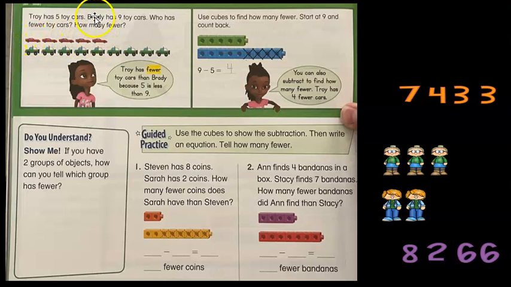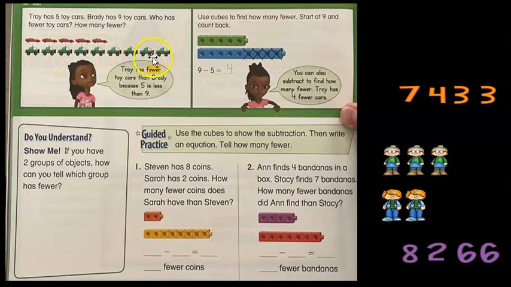Now let's keep reading. Brady has 9 toy cars. How many toy cars does Brady have? 9. And look here, they drew out 9 toy cars right here. Let's count together. 1, 2, 3, 4, 5, 6, 7, 8, 9.